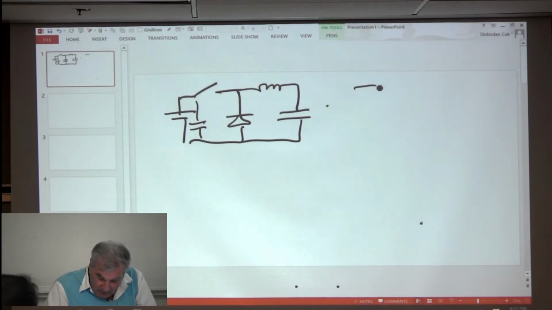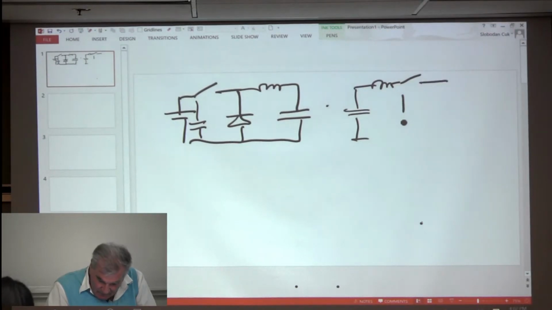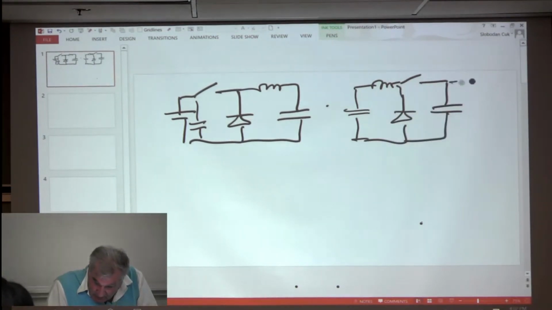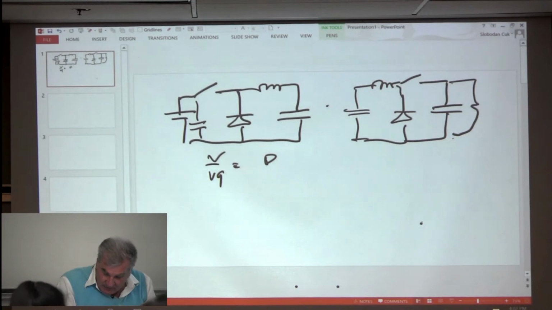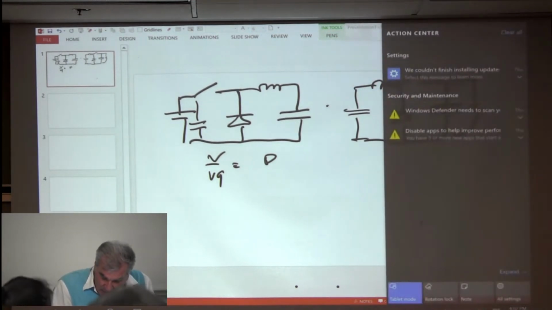So you get a boost with the capacitor on the input, a switch, diode, and capacitor. And of course, that's why this one is V over VG is D, and this one, in the opposite direction, is 1 over D.